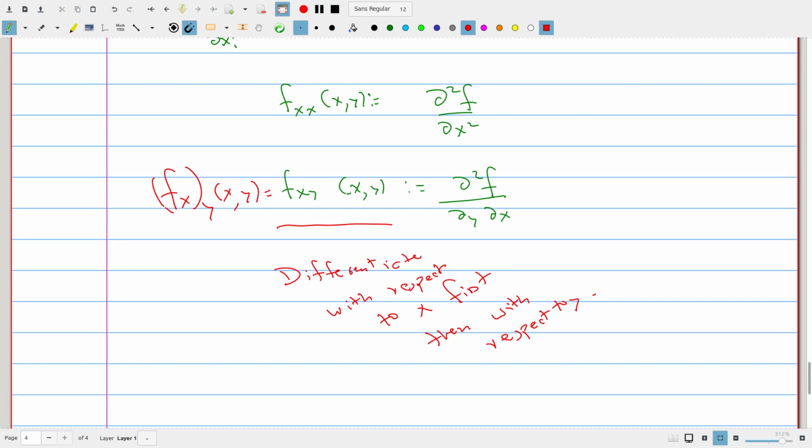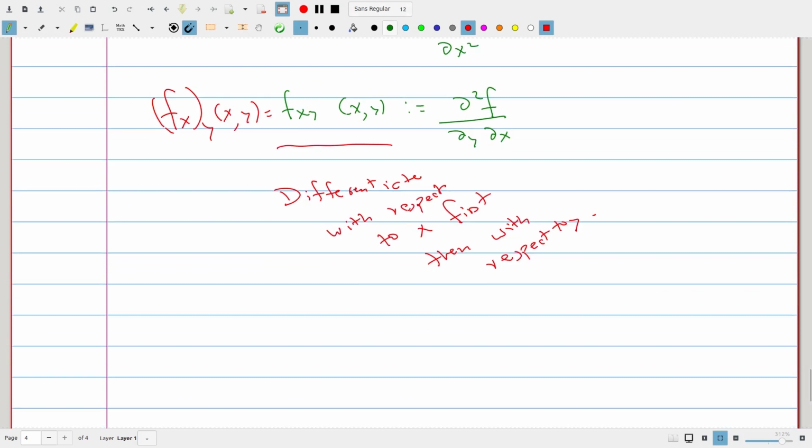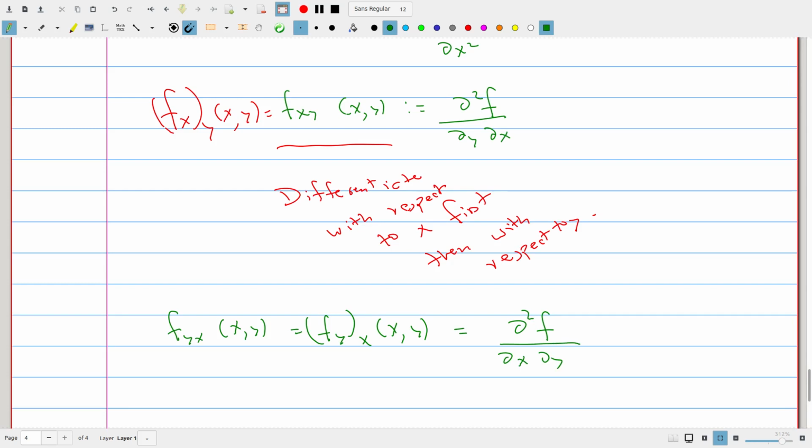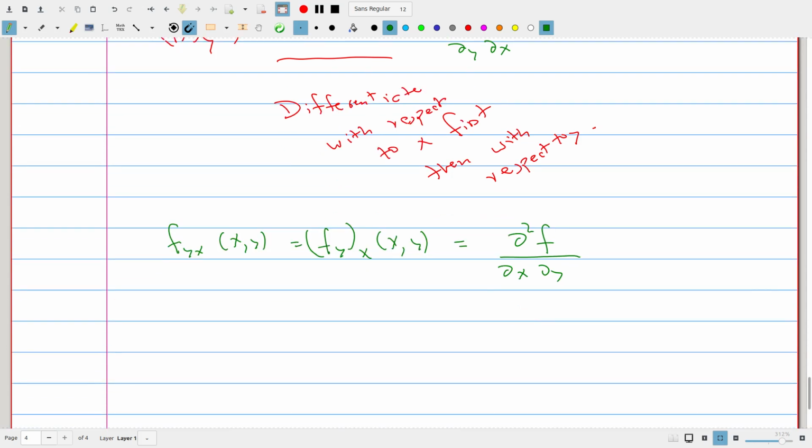Now what is fyx? For example, fyx. Here what you're doing is you're differentiating with respect to y first, and then with respect to x, right?